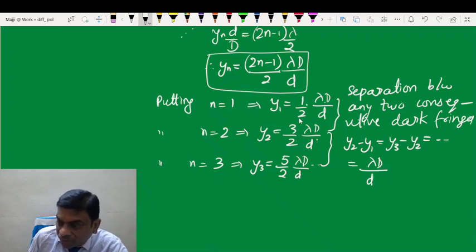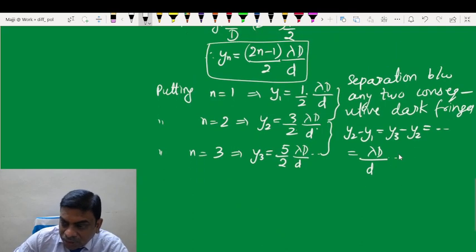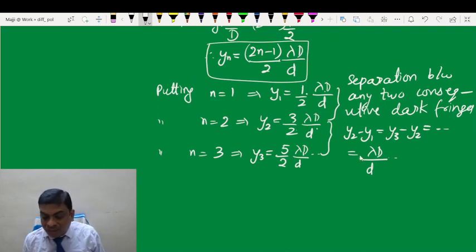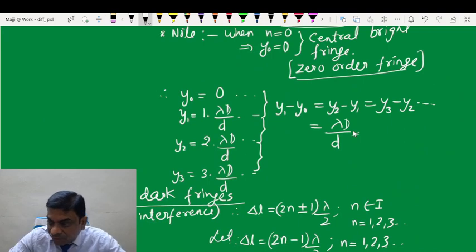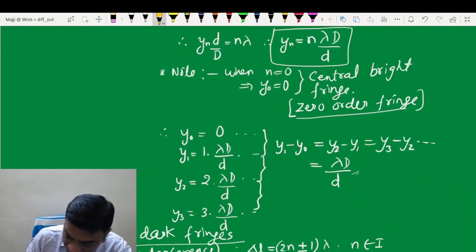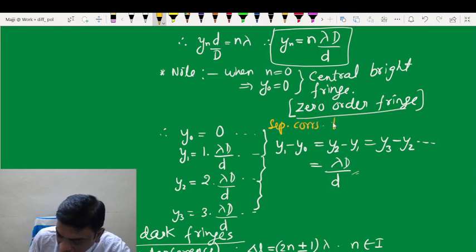Because from 1.5 times if you deduct half, you will get 1 times lambda D by d. Or 2.5 times minus 1.5 times is again this. So that means all the dark fringes are equally separated from each other, and similar is the situation in case of bright fringes as well. So this is the separation corresponding to any two adjacent bright fringes.